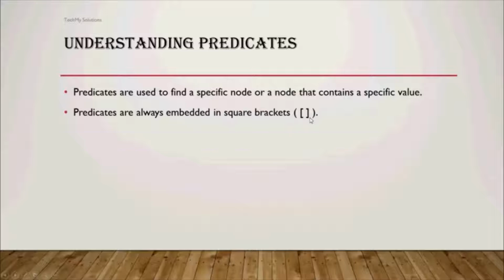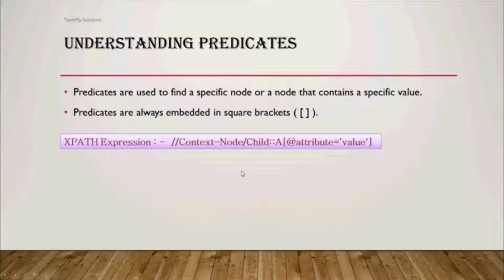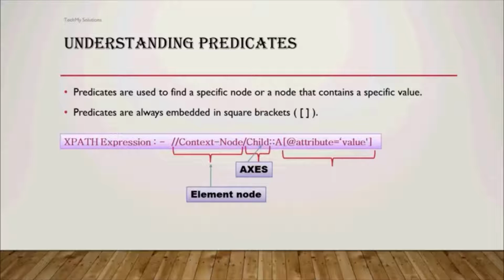Now, for example, if you consider this XPath expression, this is called an element node, this is called the axes, and the piece under the square brackets is called a predicate. So this is one of the simple XPath expressions that we can form, and here we have all three parts of the XPath expression.